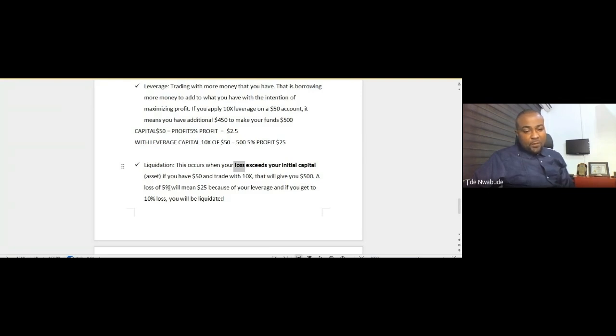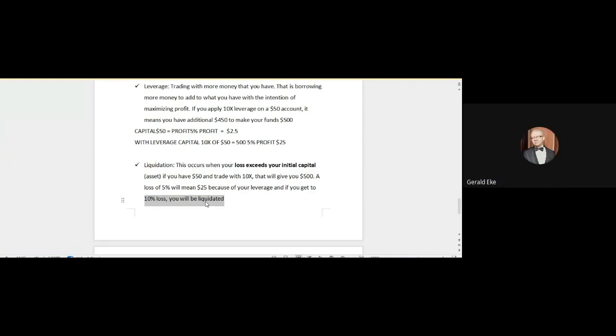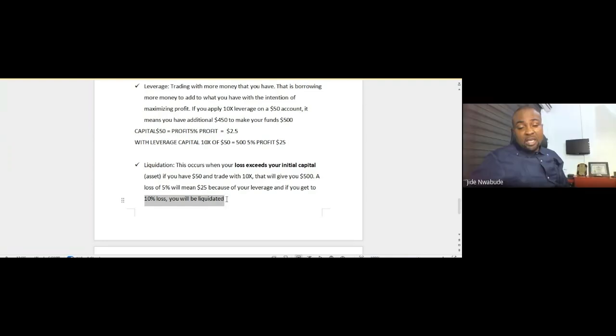If you have a loss of 5%, it means you've lost $25. If you have a loss of 10% of your account, you'll be liquidated. You get a liquidation notice. Even before you get liquidated, you'd have gotten a liquidation notice, sometimes at 80%, 85%, 90%, 95%.